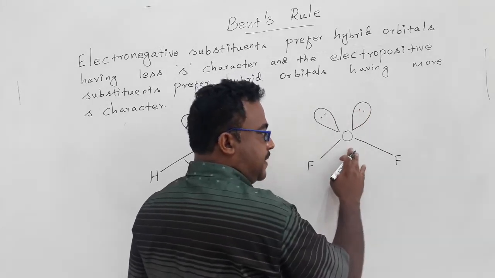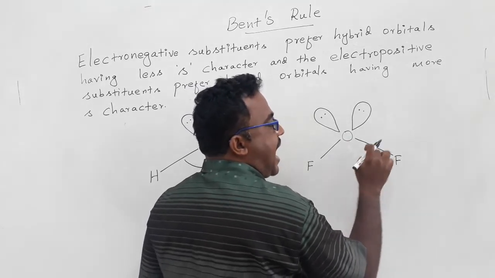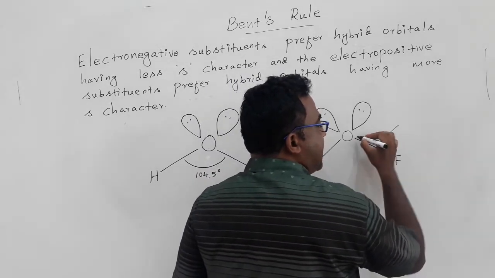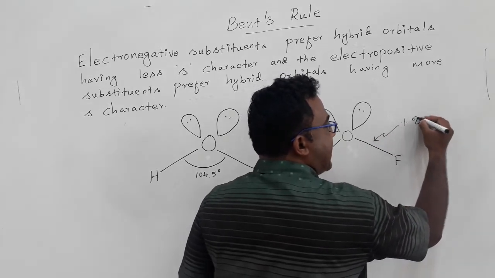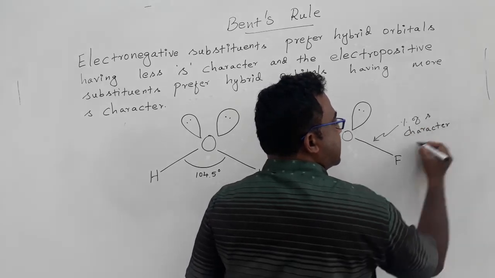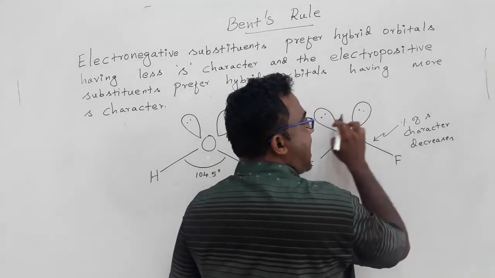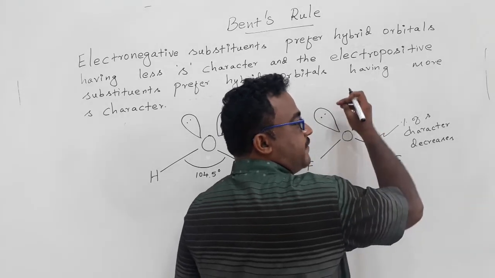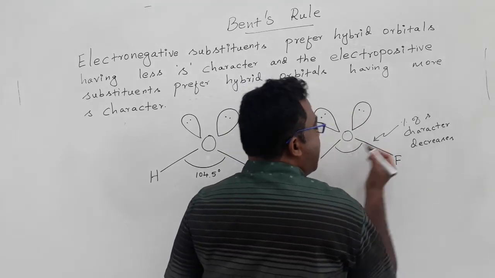Even though it also has an sp3 hybridized oxygen atom, the percentage of s character in these sp3 hybrid orbitals decreases, and the remaining two lobes, the sp3 hybrid orbitals, their percentage of s character may increase. So what happens? Resulting in the bond angle decreasing.